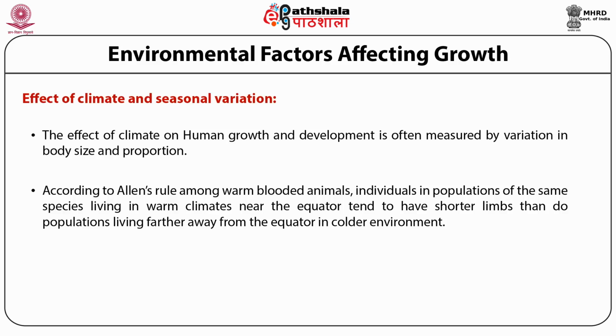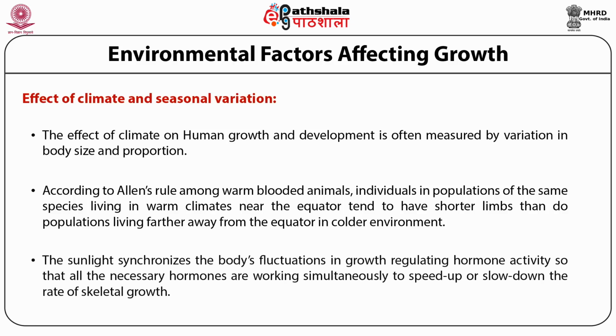As climatic variation influences the growth rate, similarly, seasonal variations also have a subsequent effect on growth. At temperate latitudes, healthy, well-nourished children grow more quickly in height during the spring and summer, while fall or winter is the season of maximum weight gain.